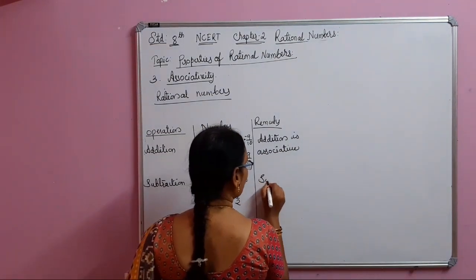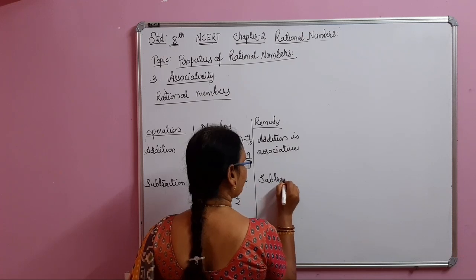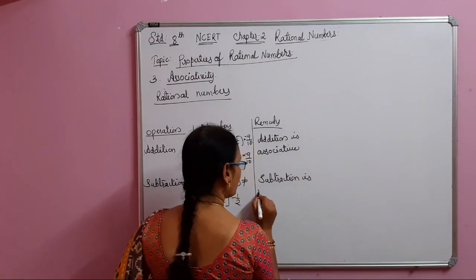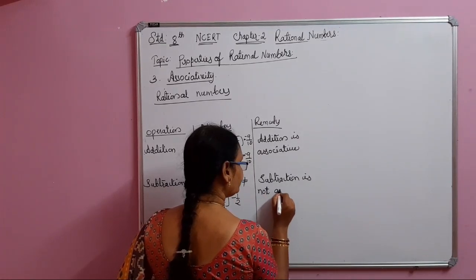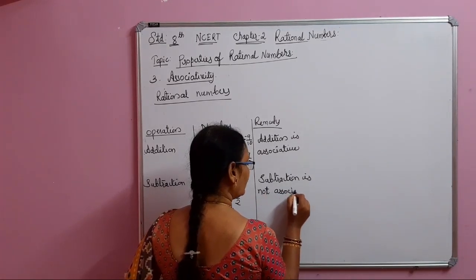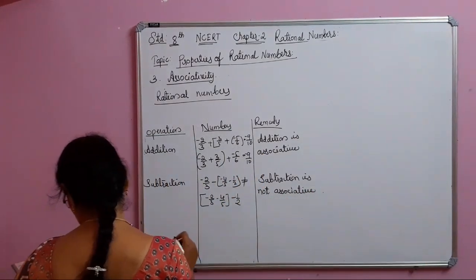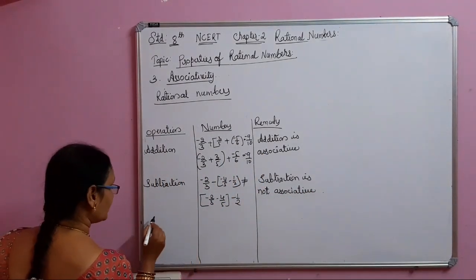That is, subtraction is not associative. Then multiplication is associative.